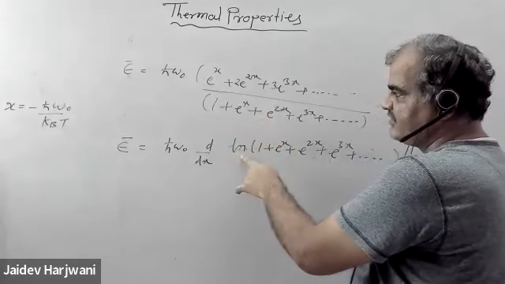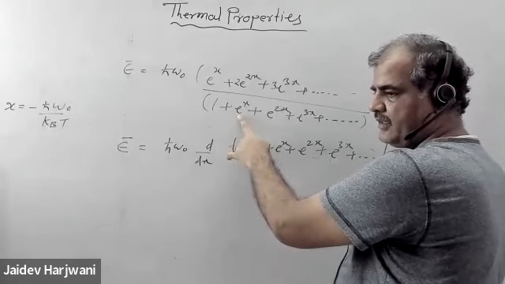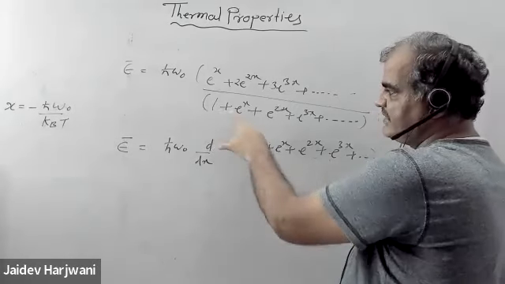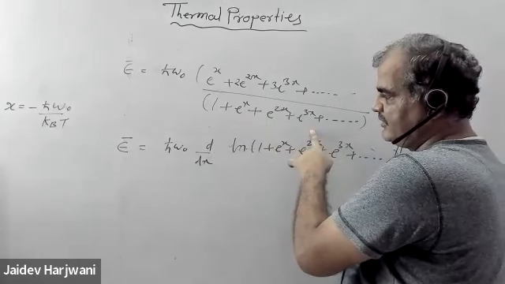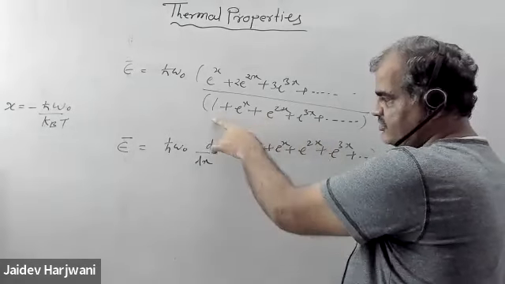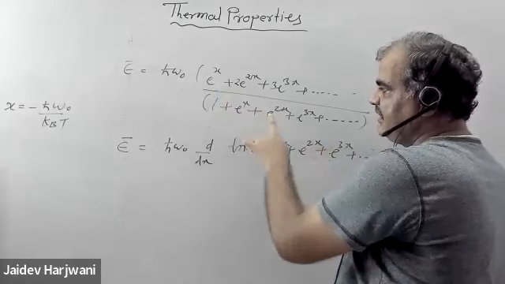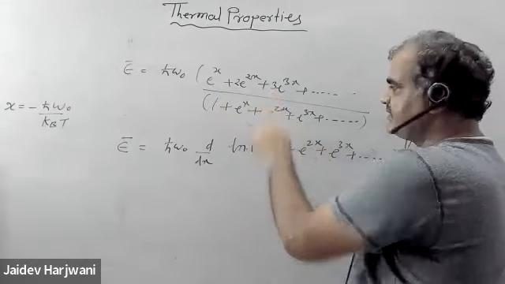If I differentiate this, ln of something gives 1 by that, so 1 over 1 plus e^x and so on, and then you differentiate the inside. 1 gives 0, e^x stays, e^2x gives 2e^2x, e^3x gives 3e^3x.